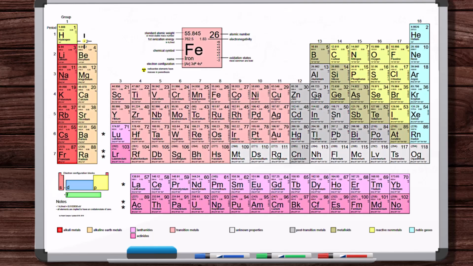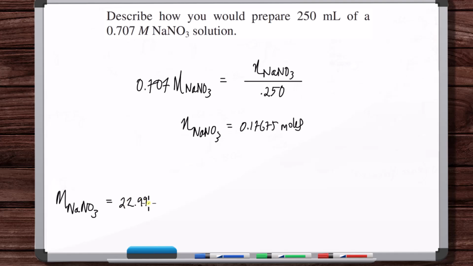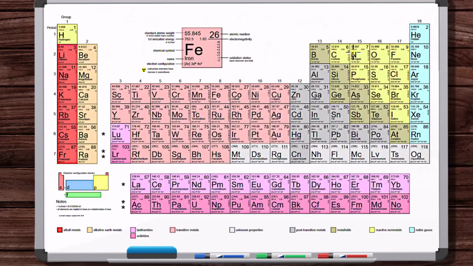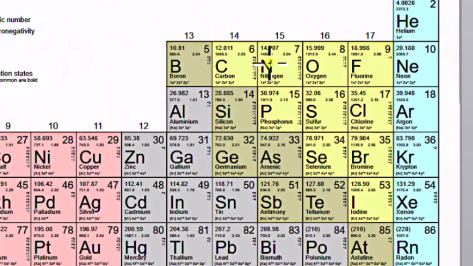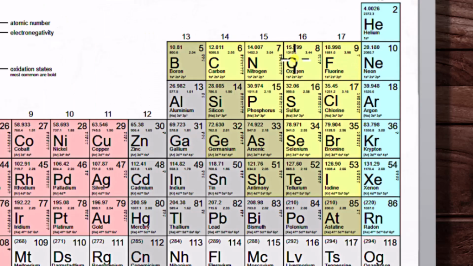Okay, sodium atomic weight, 22.990. Nitrogen atomic weight, 14.007. Atomic weight or molar mass is the same quantity, right? Now, oxygen, 15.999.